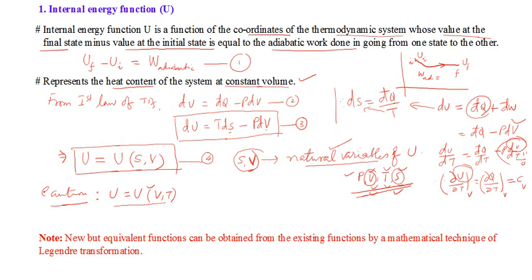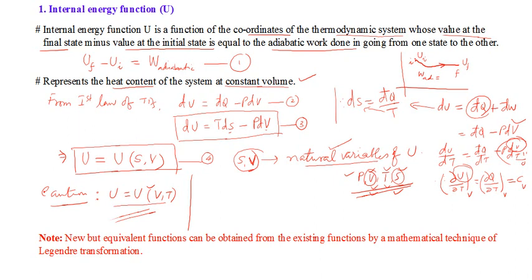Now let me write some derivatives of equation number 3. So that is one word that you have to remember. From equation number 3, I can get some derivatives. T is a thermodynamic variable and P is a thermodynamic variable, you know.